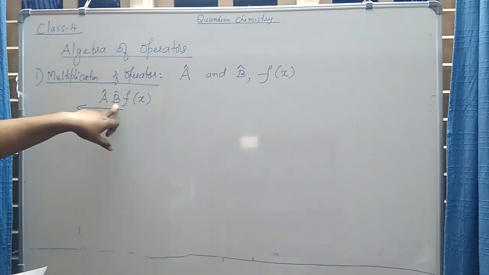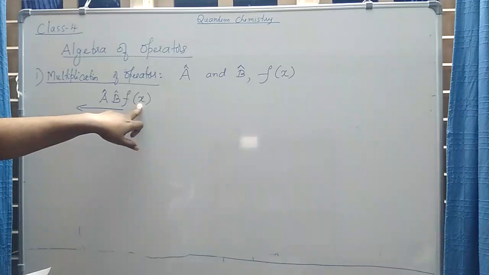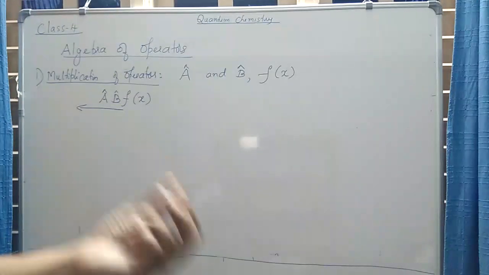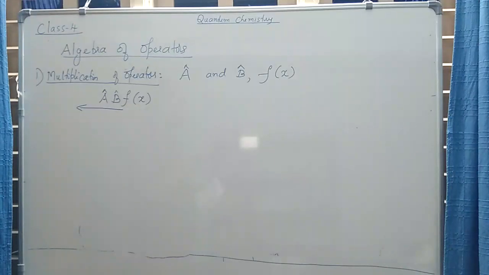Operator B. So first you apply operator B on f of x and then apply operator A. Please remember that the sequence of application of operators is always from right to left. This sequence is very important, because if you interchange it and apply A and then B, it may or may not give the same outcome.